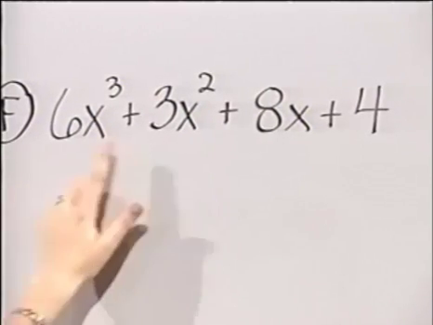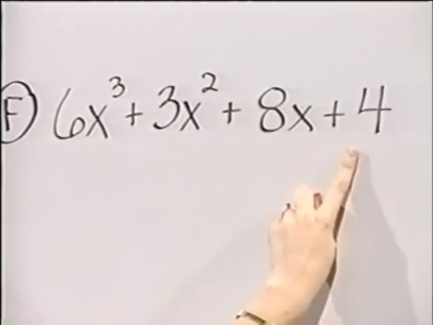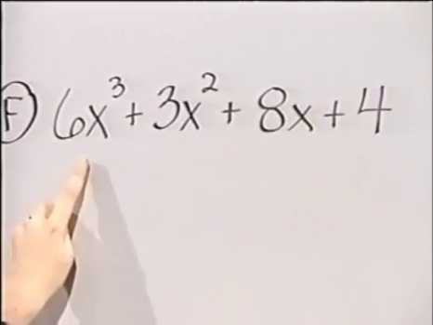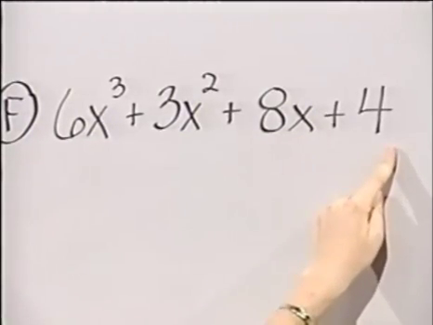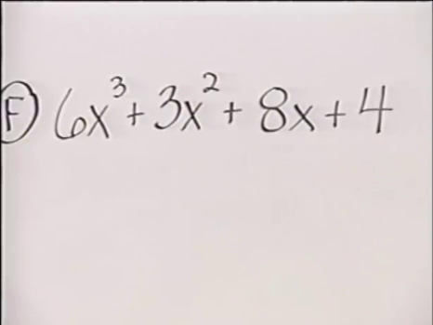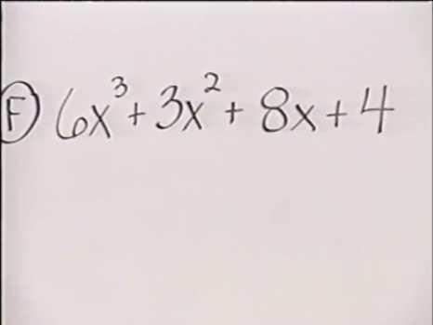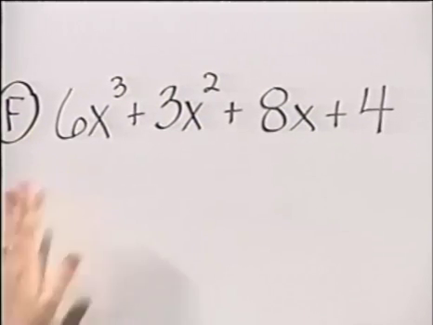Well, let's see. The first two terms we could take a 3 out, but we can't take a 3 out of these. There's x cubed, x squared, x, but there's no x here, so we can't take an x out of that one. So it doesn't look like there's any number we can pull out. So there are no common factors to remove.